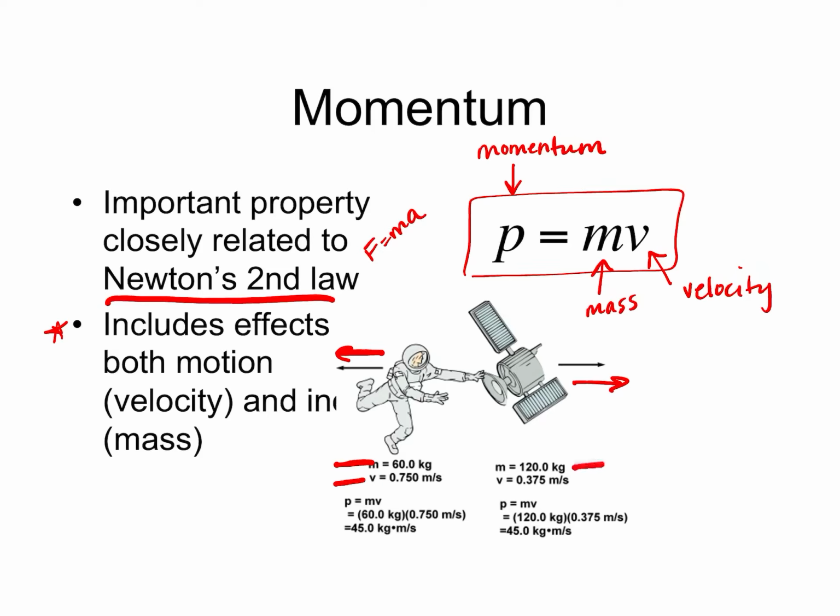And then the mass of the satellite is twice the amount of the astronaut, and its velocity is about half. And if you do the calculation of mass times velocity for momentum, they're the same. Okay, so again, you have this conservation of momentum.